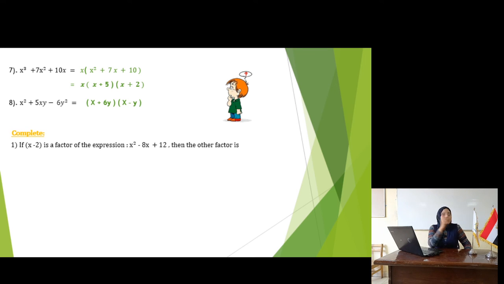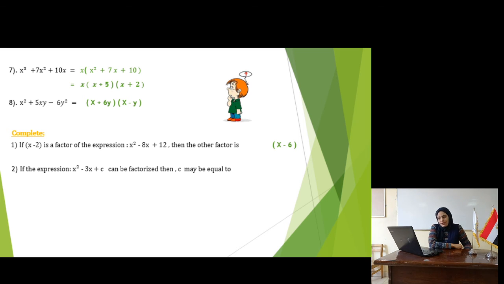One of them is x minus 2, and you will get the other factor as we studied before. We will factorize x into x and x. We will factorize 12 into 2 and 6. Then we will drop the sign of the middle in the two brackets. So we have x minus 2 and x minus 6. x minus 2 is the first factor and x minus 6 is the second factor.